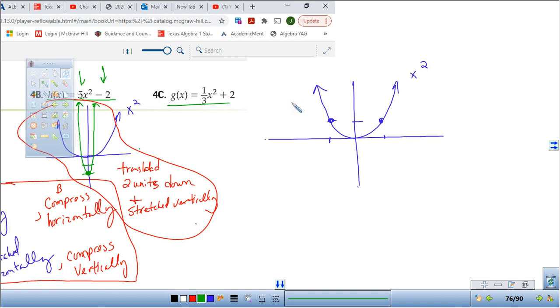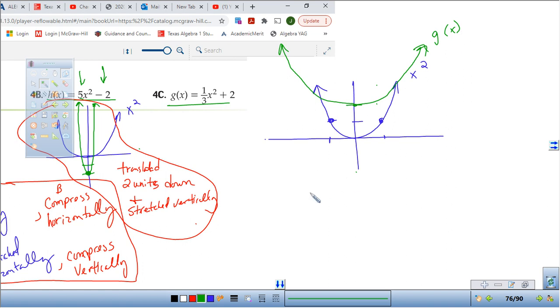Here it goes. Ready? This one goes up 2 units and wider. So I would go 1, 1, right? I'm going to go wider than that. And this is g of x.